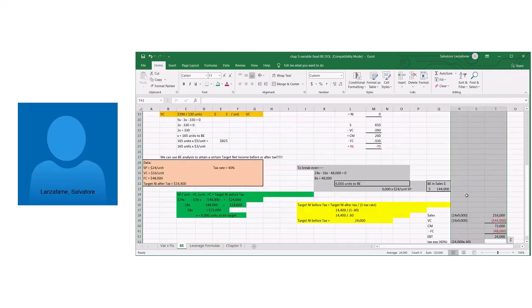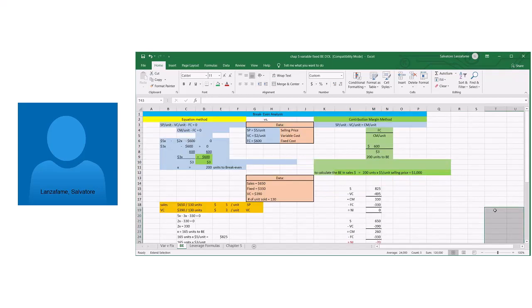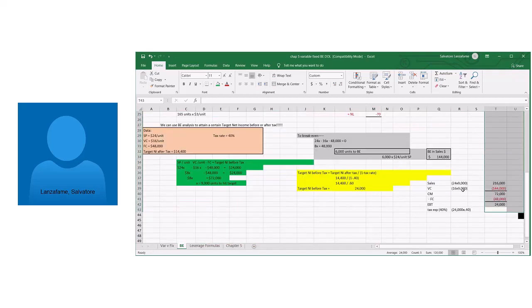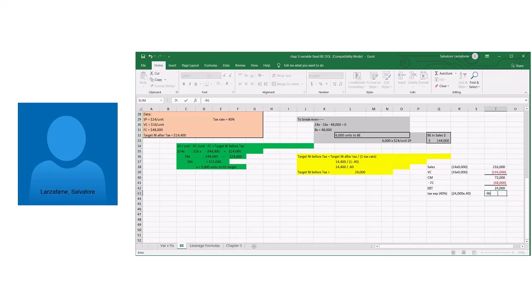Where'd I go here? Oh, I turned off numlock by accident. See, don't ever do that. There we go. And result. Drum roll, please. 14.4.